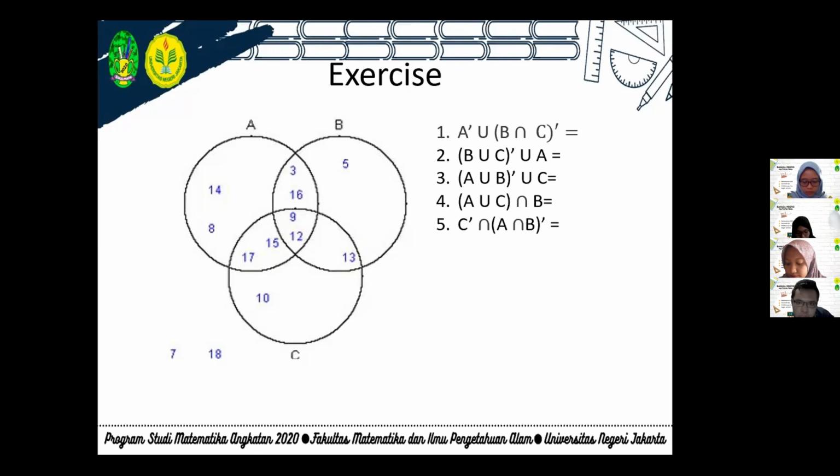Can I try number 2? Yeah, of course. I think the answer is 14, 8, 7, and 18.